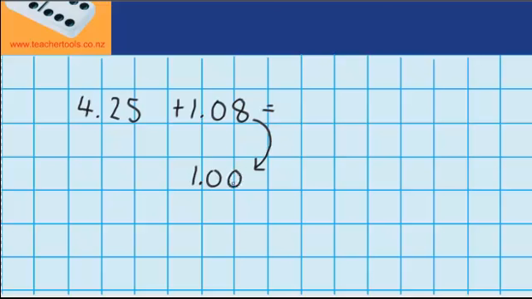Now to change 1.08 into 1.00 or 1 whole, I've had to take off 8 hundredths. So minus 0.08. So because I've taken 8 hundredths off that pile, I'm going to have to add the 8 hundredths to this pile, plus 0.08.